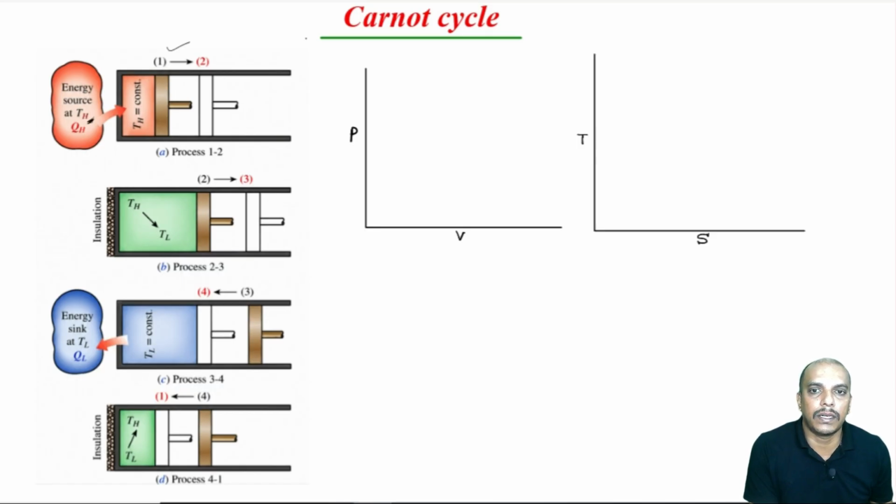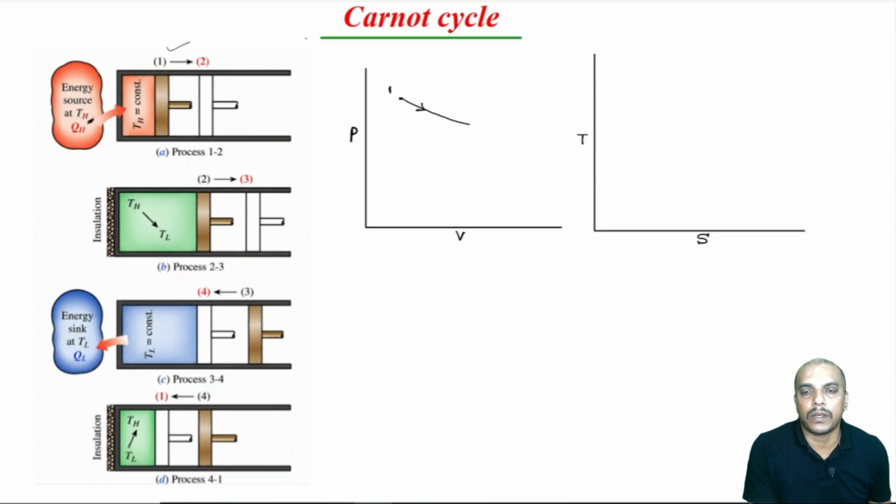So, we are assuming that from somewhere here, let us say state 1, the heat is added at constant temperature. That is what makes this cycle the highest efficient one, because it is internally reversible.